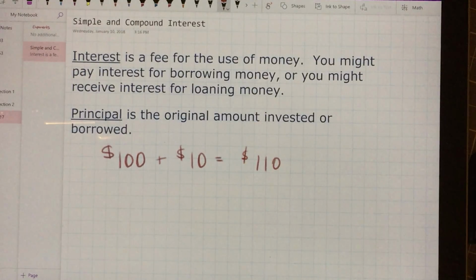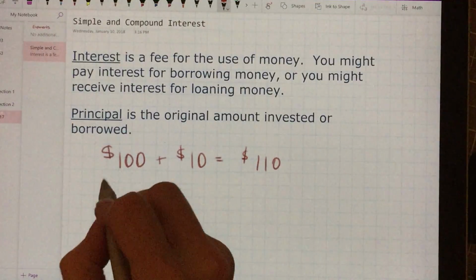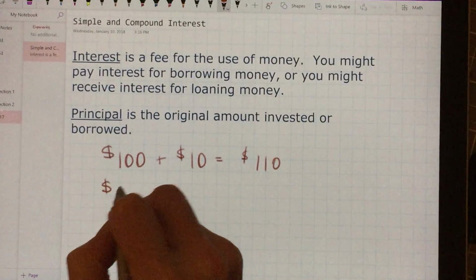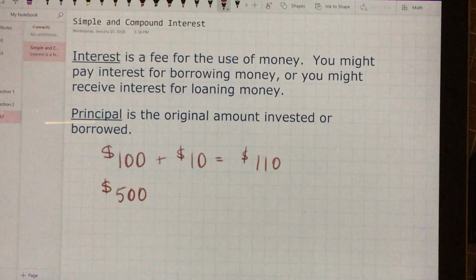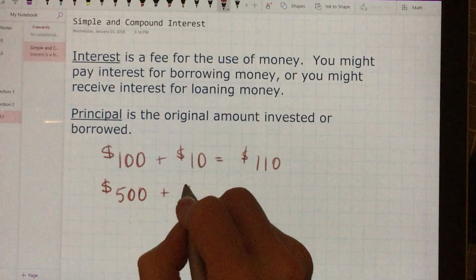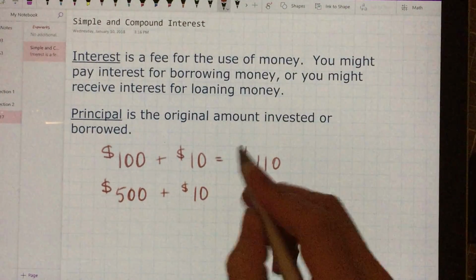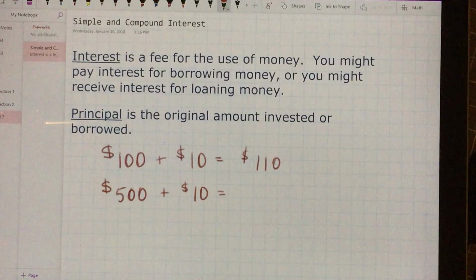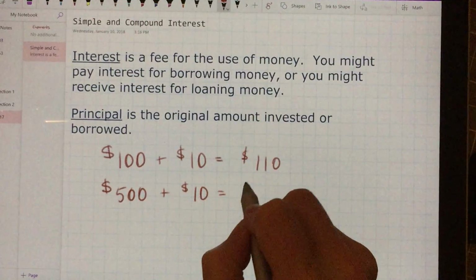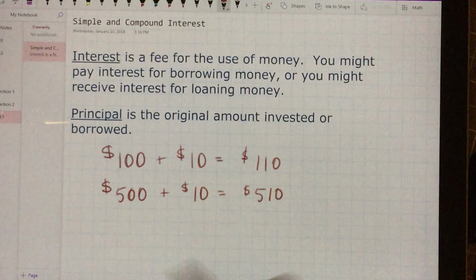You could also talk about interest in the form of putting money in a savings account. Say you put $500 into a savings account and the bank gave you $10 in interest, then your account balance would be $510.